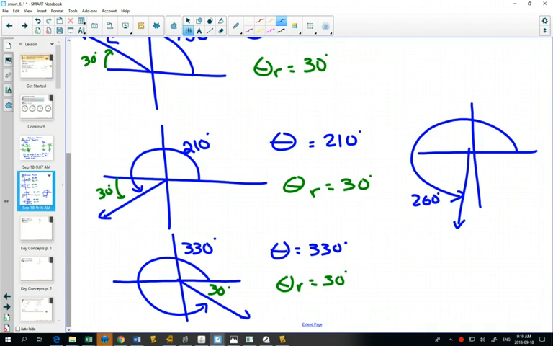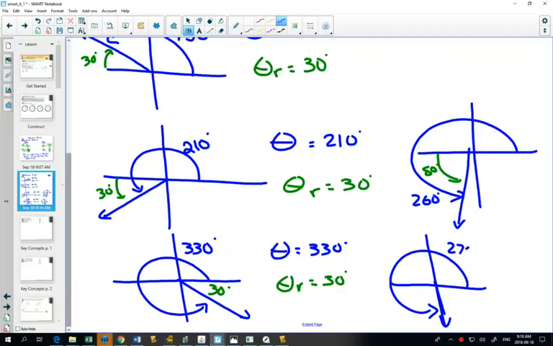But what's really tempting is that because it's so close to that axis, sometimes you're going to be tempted to say 10 degrees. What would the reference angle be for 270 degrees? 90 degrees.